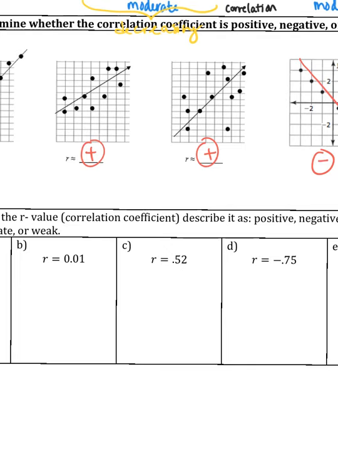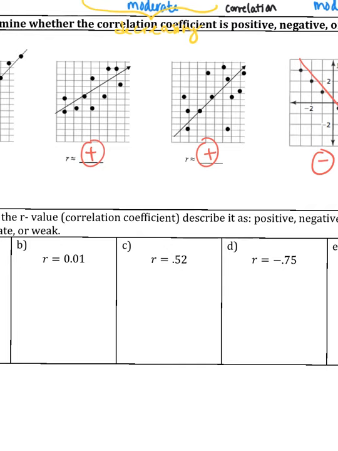Example 2. Given the R value, the correlation coefficient, describe it as positive, negative, or none, and strong, moderate, or weak. So for this first one, we'll do it together. R is equal to negative 0.85.